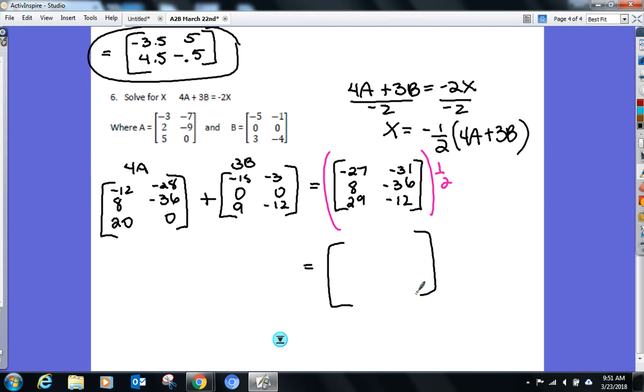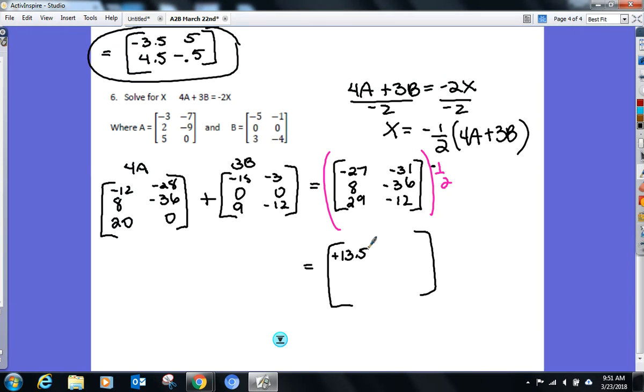Okay, let's finish this now. Multiply it by negative 1/2, so that'll give me positive 15.5, 13.5.